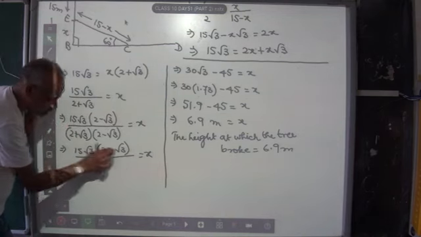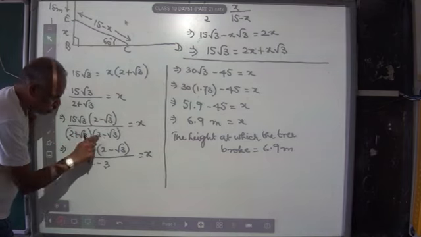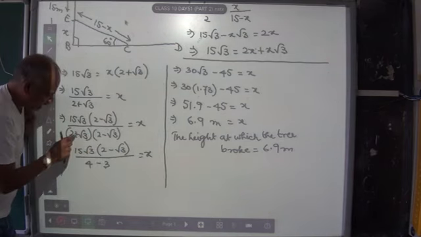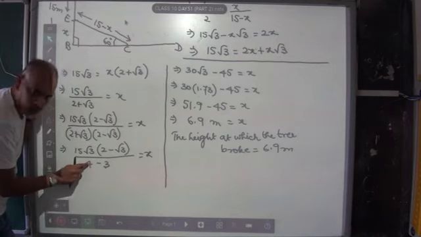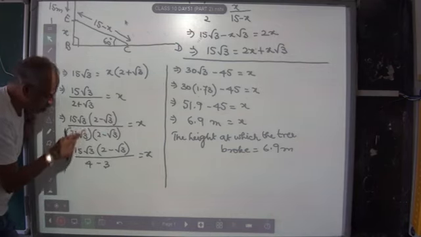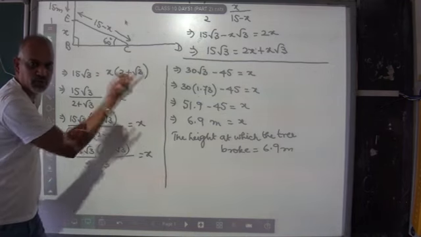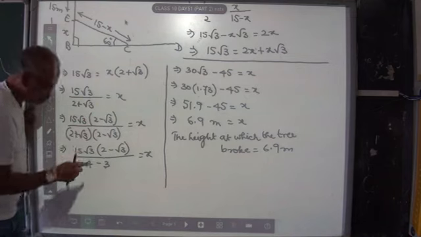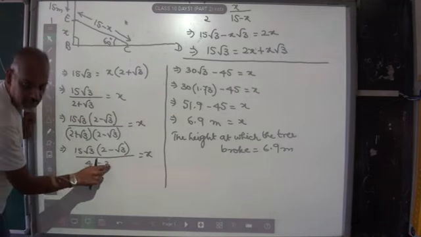This I have kept as it is, and this is in the form a plus b into a minus b, which is a squared minus b squared. A squared is 4 minus b squared, that is root 3 squared. Root 3 squared means root 3 into root 3, which will give you a 3. Okay. So that's 3 is equal to x. 4 minus 3 will give you 1.